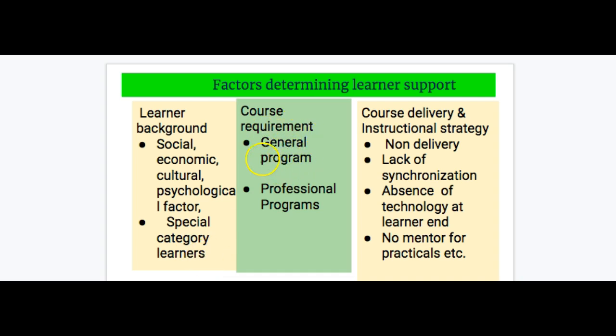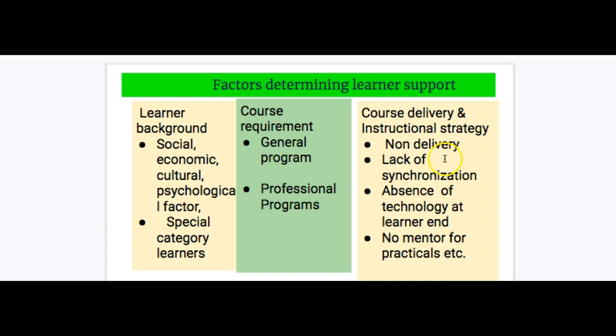What kind of requirements are there for general programs and what kind of requirements are there for special or professional programs, what kind of skills are needed and how to conduct skill-based activities at their location is important, which is done either at the program center or at the work center or at the specialized center for these professional programs. Course delivery and instructional strategy is to be decided by the learner support services.